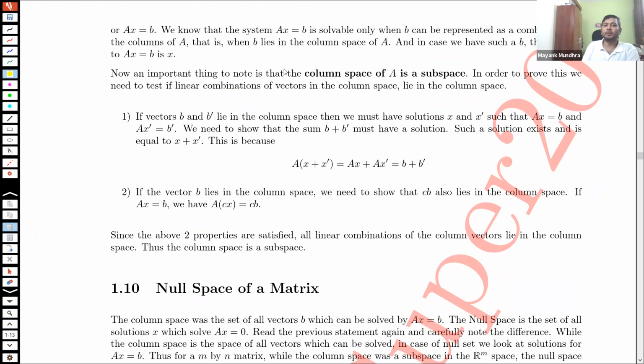Now, a very important property: the column space of A is a subspace. I know that the column space of A is some subset of the R^m vector space.